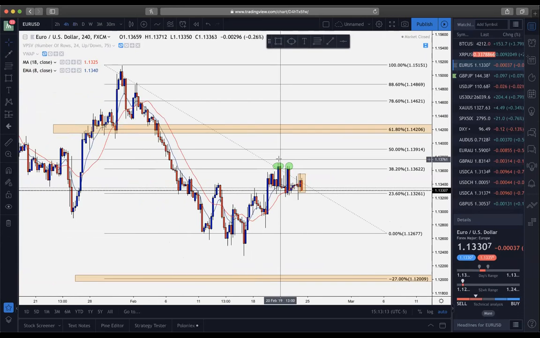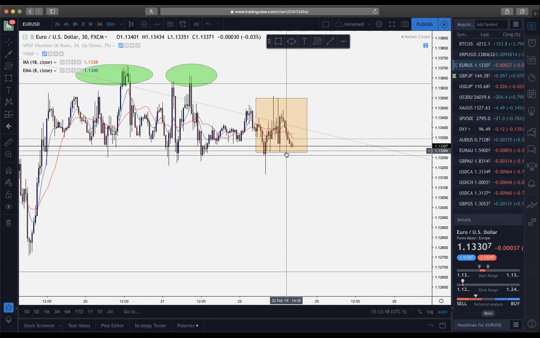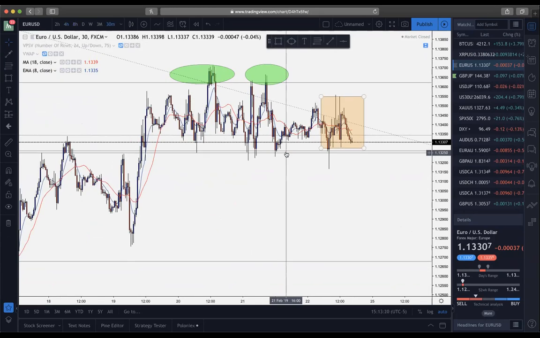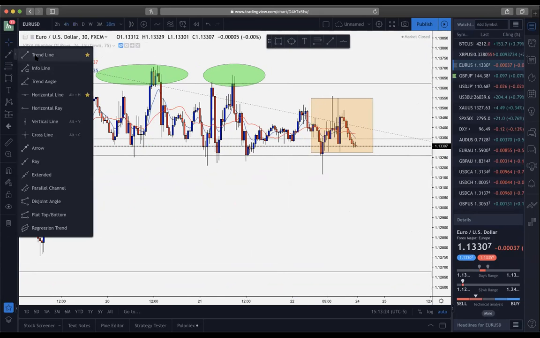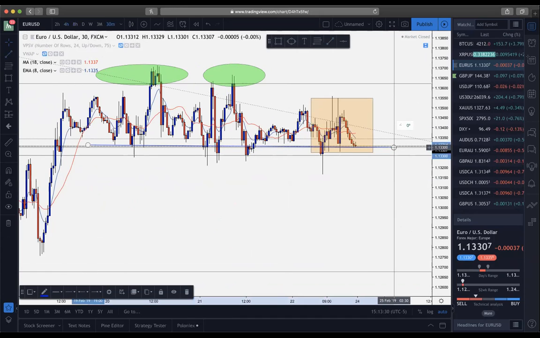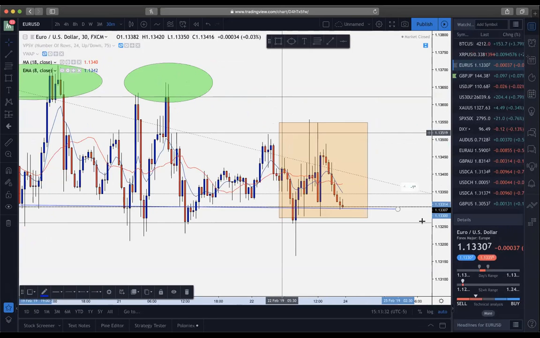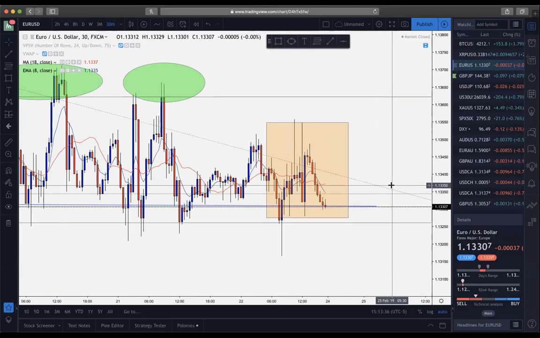I would want to see more confirmation to get into a trade. An awesome thing to happen would be, on this 30-minute, to see some type of break of this area, some amazing breakout, and then a test of this area on the 30-minute.